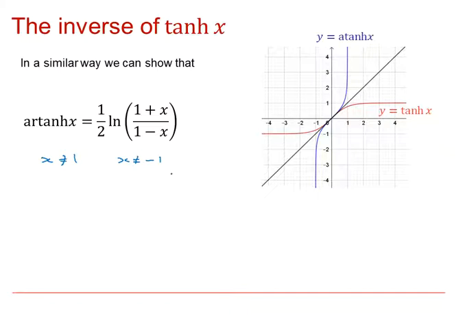So artanh x cannot have values of 1 or minus 1. And indeed, that's where you will find the asymptotes on the graph, at x equals 1 and at x equals minus 1.